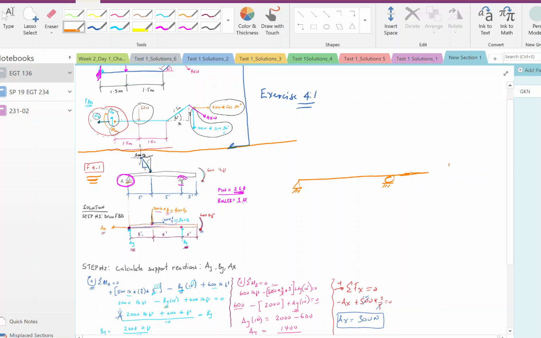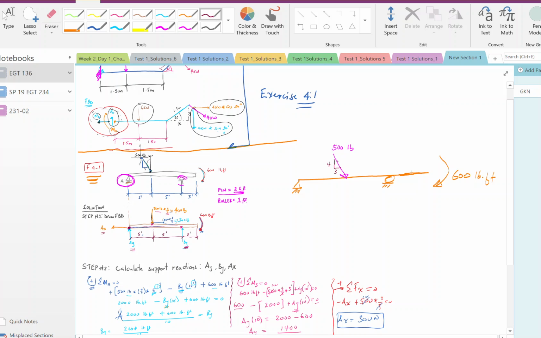Okay, and then we have again this 600 pounds foot, and then we have a force here. Right, that's 500 pounds. And we have a 3-4-5 triangle.